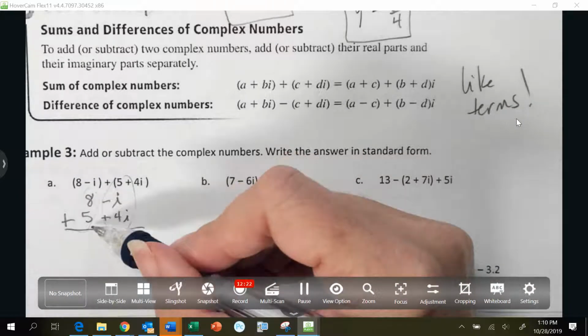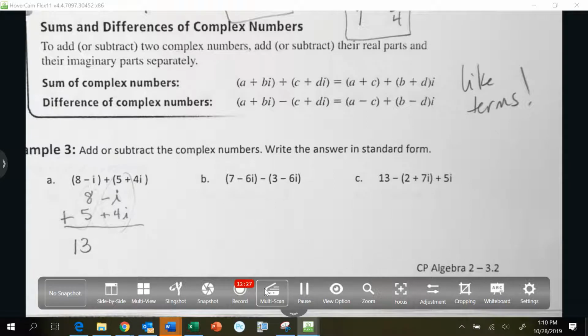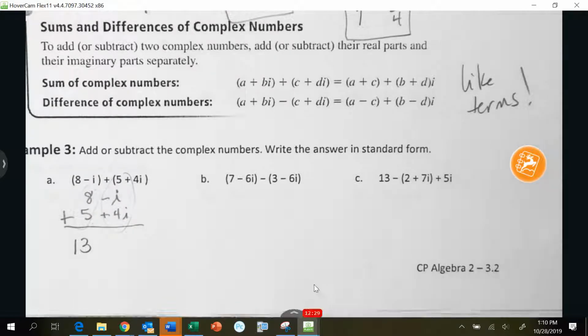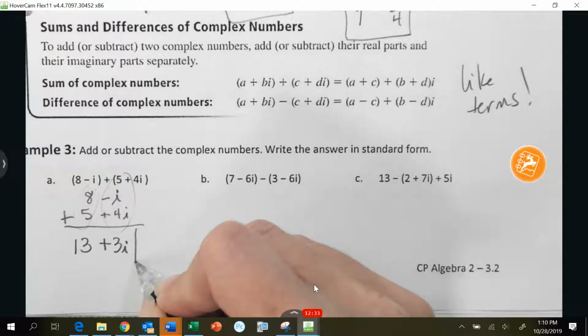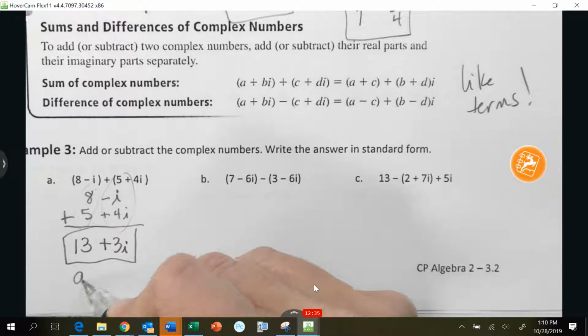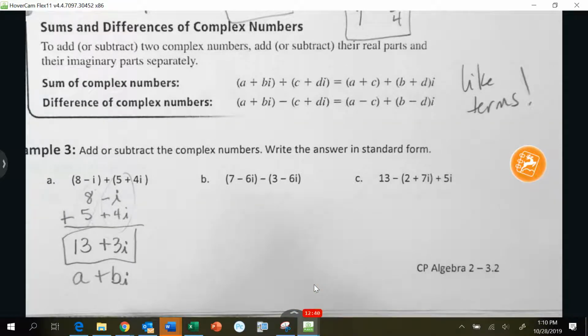What is 8 plus 5? 13. What is negative 1i plus 4i? 3i. The order should be a plus bi, real, then imaginary, when you're done.